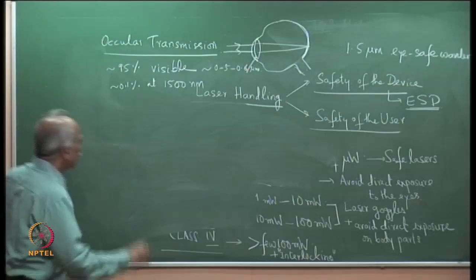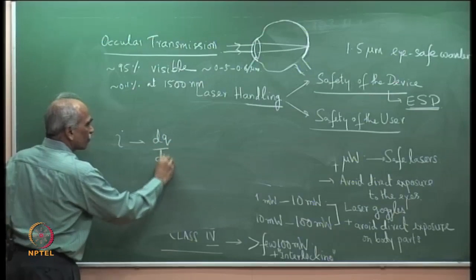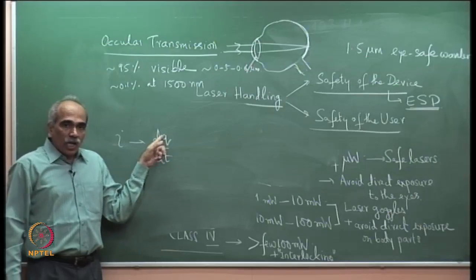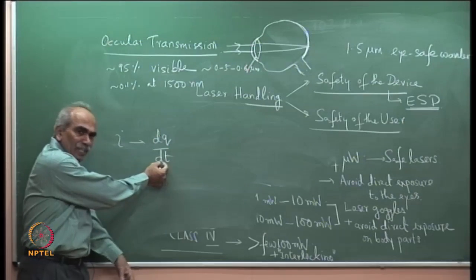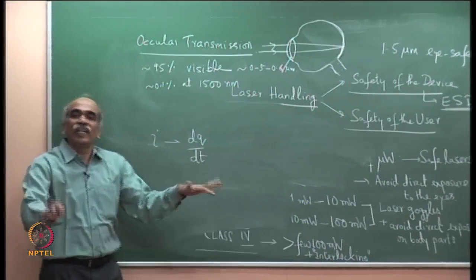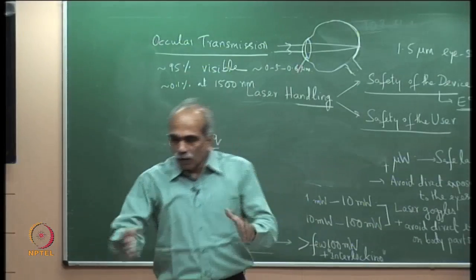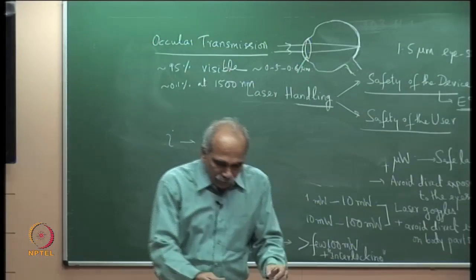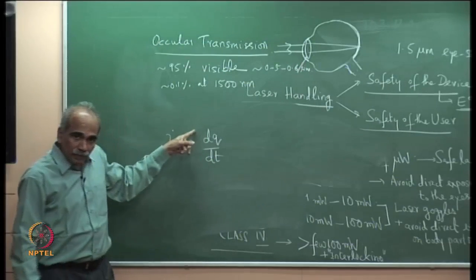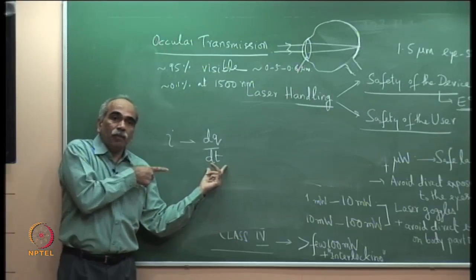What is current? I is dq by dt. Current is dq by dt. If the charge passes through in a very short time, current will be very large. That is the whole idea about ESD. There are some charges which are on your body or on the work table, and when you touch the device, the charge will pass through the device. Because the device is very fast, dt will be very small.